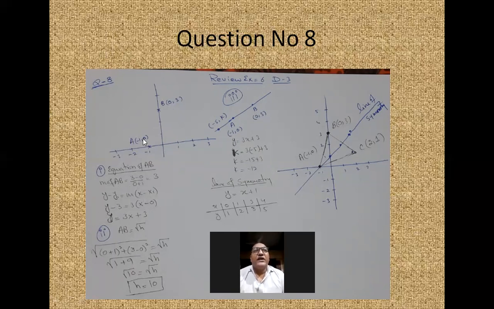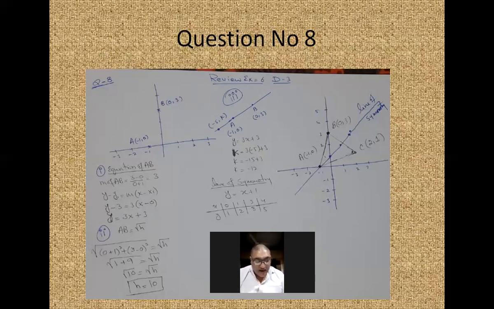I use point B: y minus 3 equals 3 times x minus 0, so y minus 3 equals 3x. The minus 3 goes to the other side and becomes plus 3. So the equation of the line AB is y equals 3x plus 3.